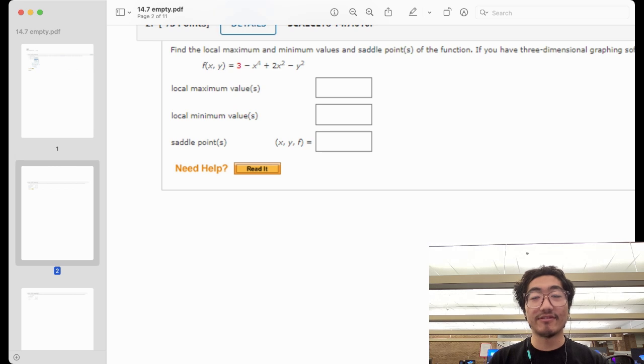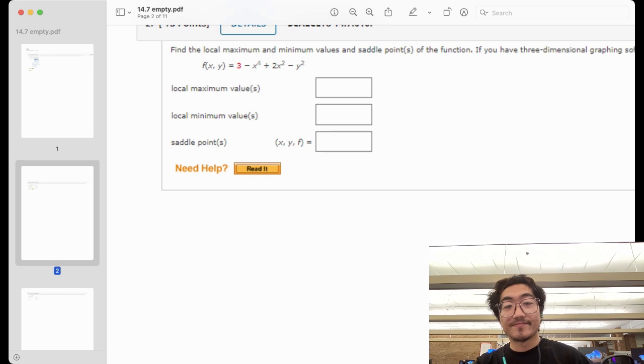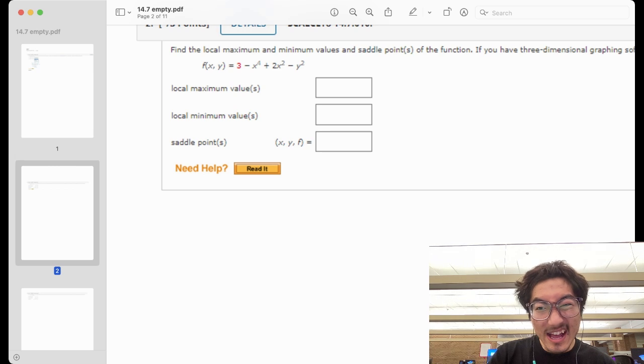A critical point occurs when the first partial derivatives are 0. Then you plug in the critical points to find the local maximum and local minimum.